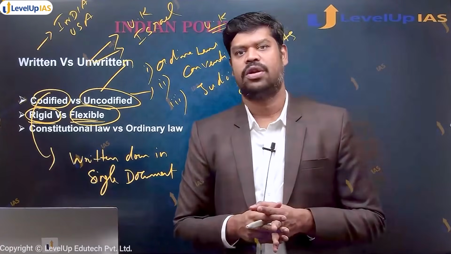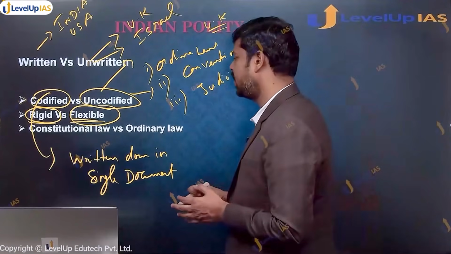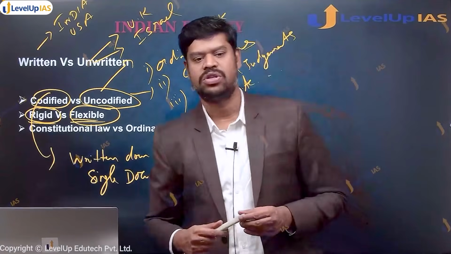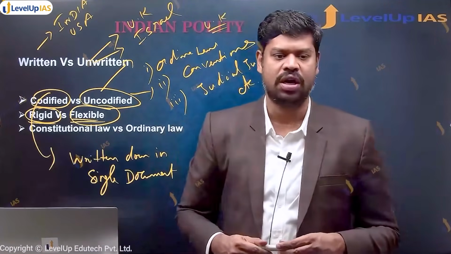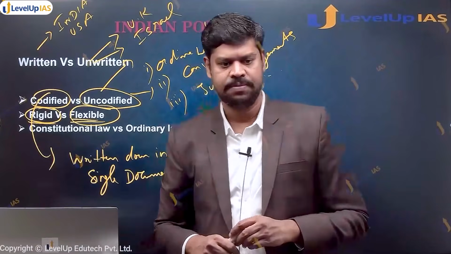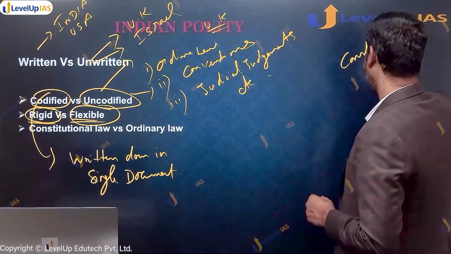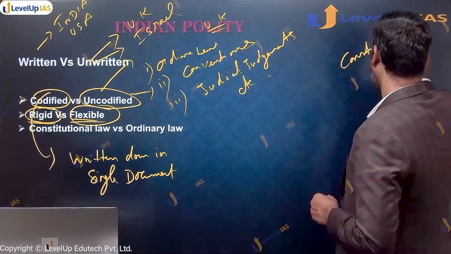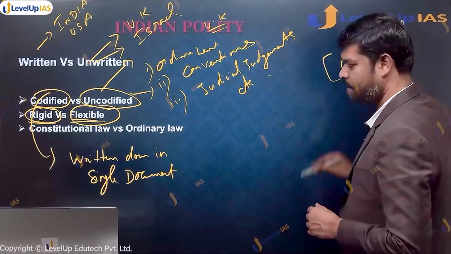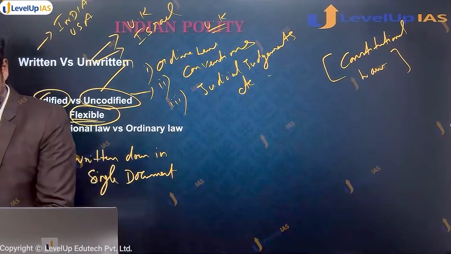And most importantly, the difference between a written and an unwritten constitution is that in a written constitution, there exists a distinction between what is called a constitutional law and an ordinary law.